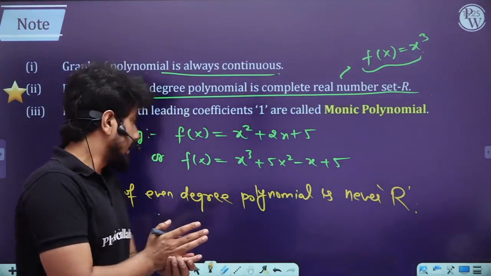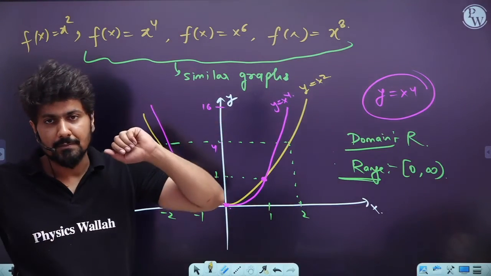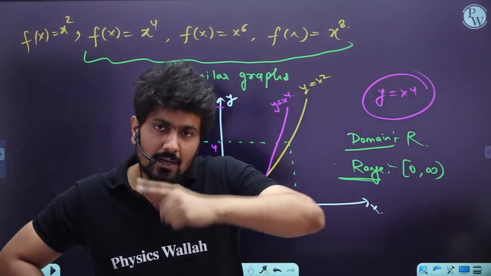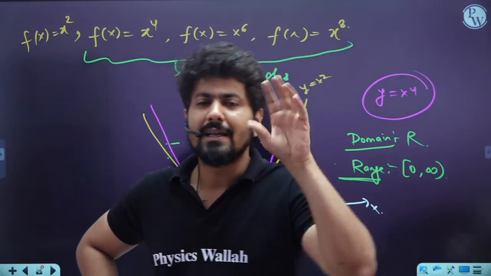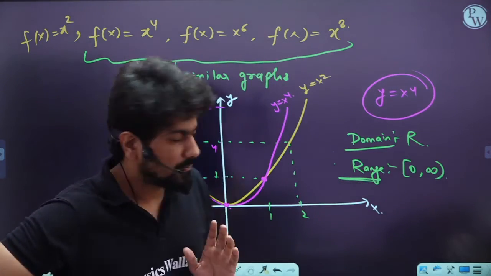Like you have seen y is equal to x square, y is equal to x raised to the power 4. Here the range is from 0 to infinity. So basically, if you take any quadratic polynomial, its graph is going to be like a parabola, or any degree 4 polynomial, its range can never be all real numbers.